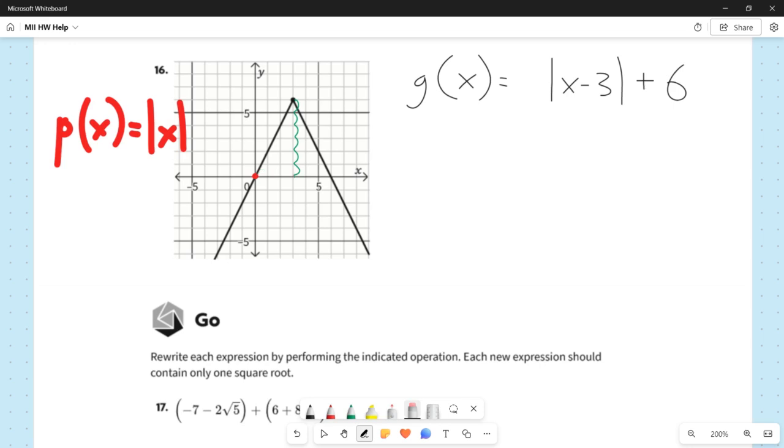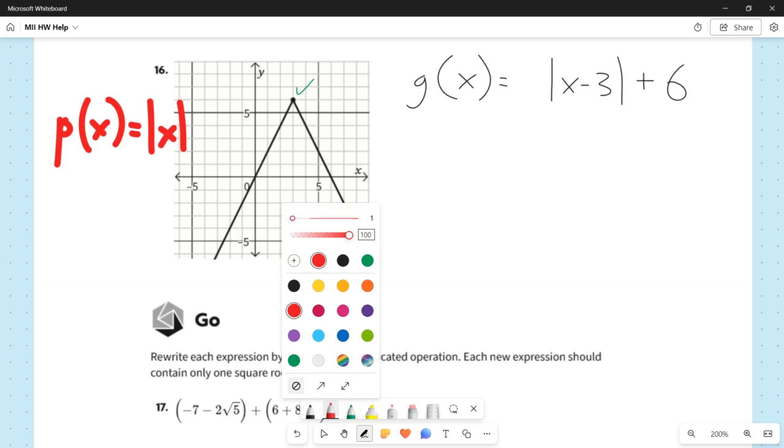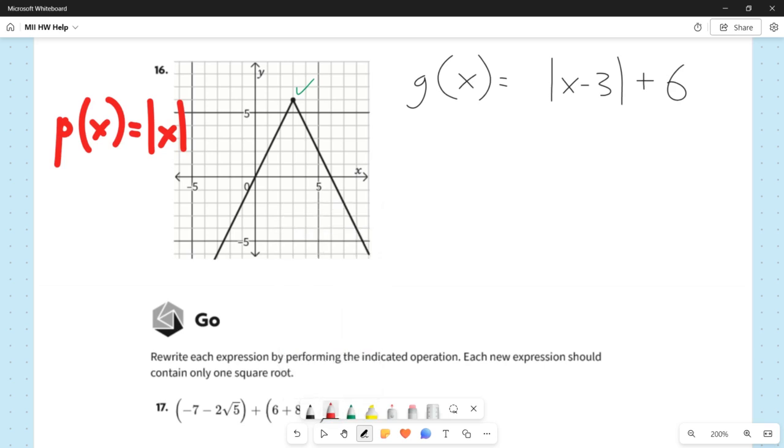Now, that gets us to the vertex. So that establishes that point right there. But we're not done. With the parent function, first of all, it's a V that's going up like that.